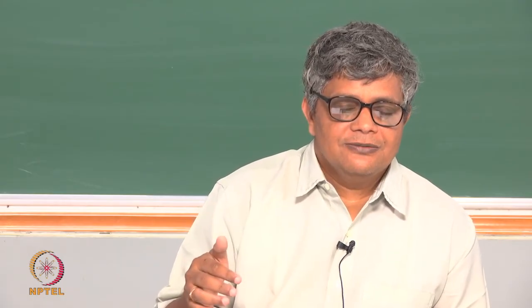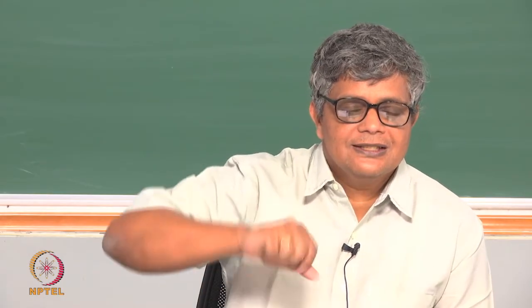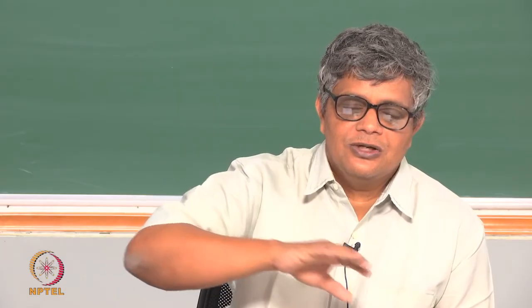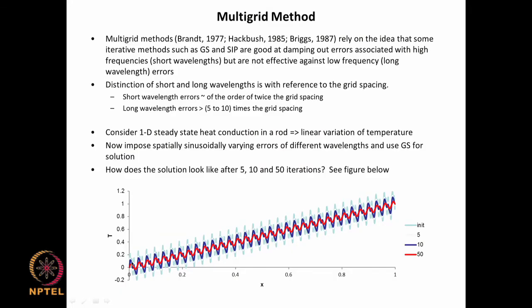A Gauss-Seidel method or any other method would try to damp out these errors so as to give rise to the linear variation. We would like to go from the faint blue one to the red one, and that is happening over 50 iterations in this particular case.